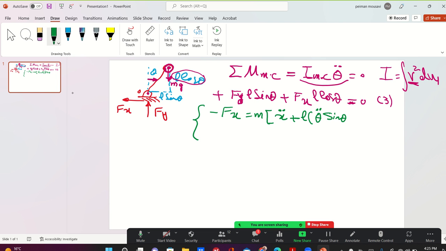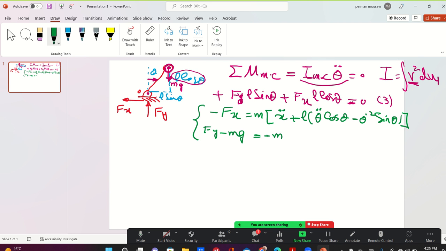This is cosine? Thank you. And here was Fy, minus mg, minus m, right?